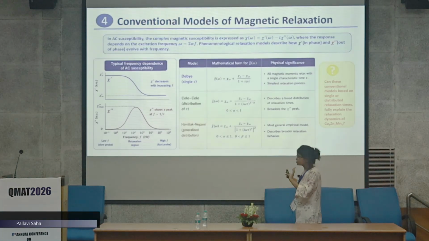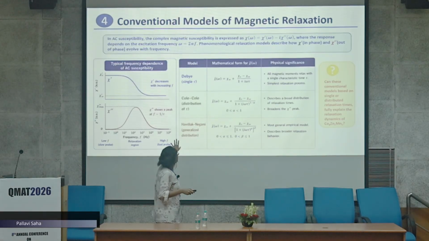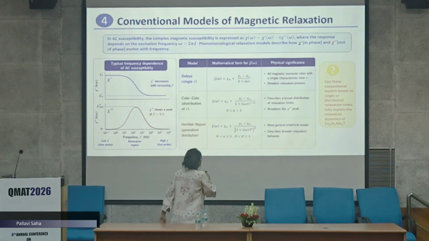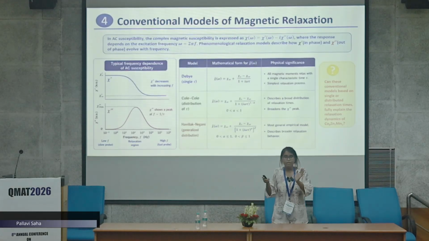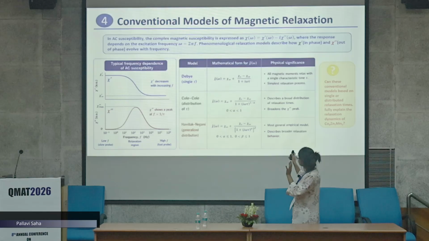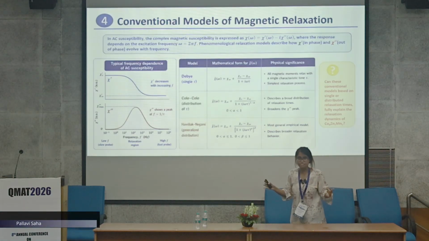So next I'll introduce the conventional models that we use to study this. The first one is this Debye model, where the magnetization tends to relax exponentially with time. So generally in this model it is considered that the distribution in the relaxation time is 0.